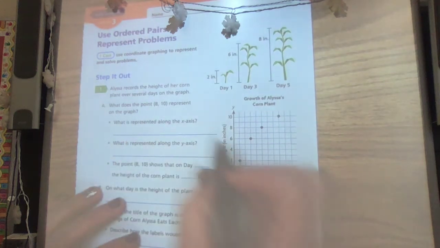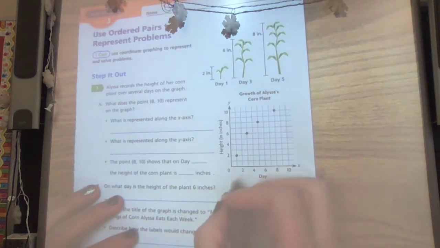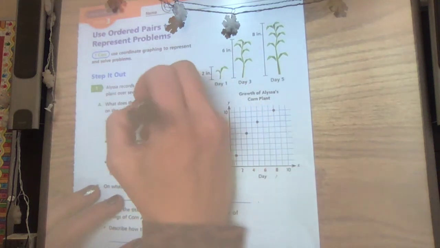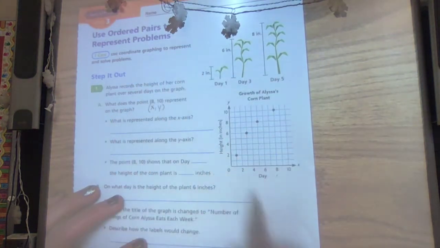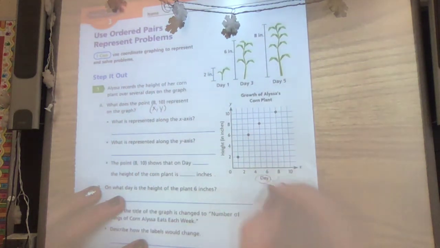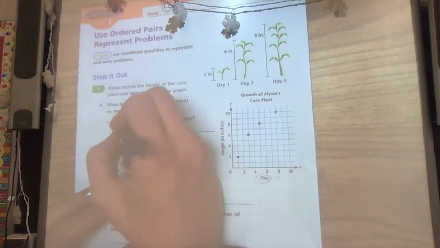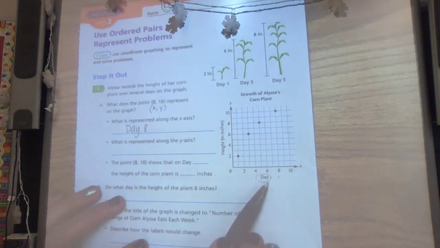Well, let's look here. We know that we always go right first. So this is my x-axis, and remember 8, 10, x, y. So that means the day. So that means day 8 to be specific.